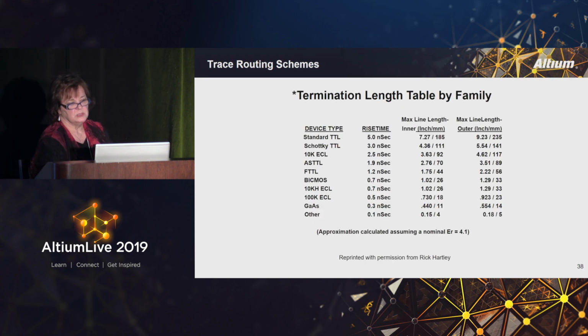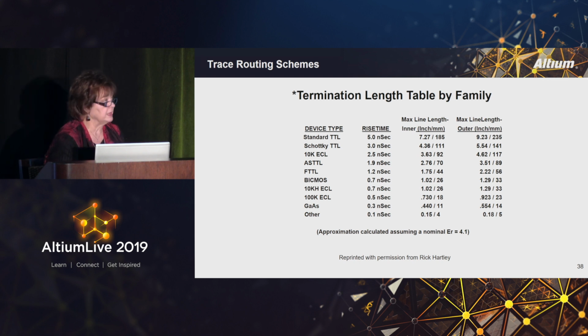This is the termination table that I mentioned that I borrowed from Rick, and we don't care about what the device type is. What we care about is the rise time. You need to understand what the rise time of the parts are that you're working with, and you need to understand whether you're dealing with an internal signal or an external signal, because the traces do not propagate at the same rate.